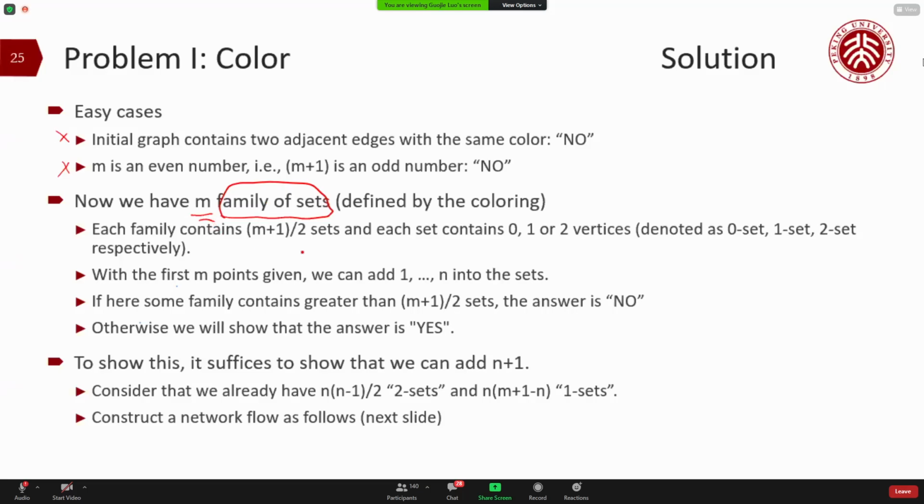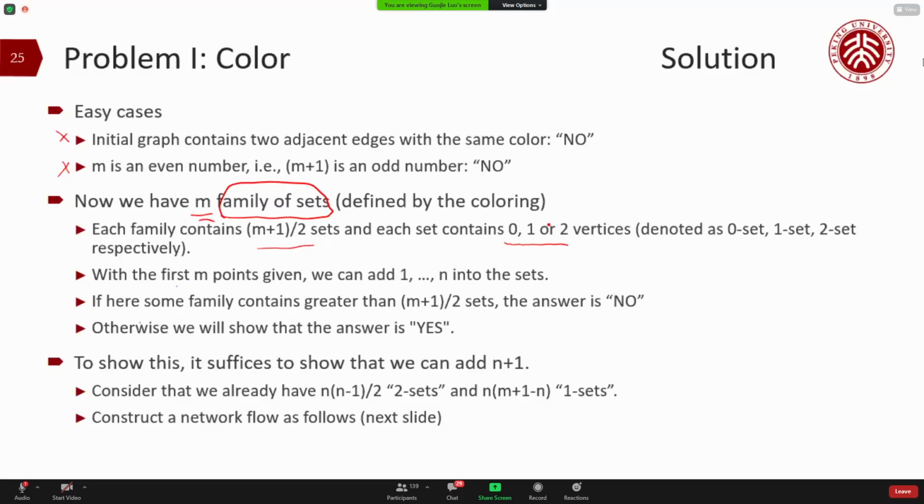Each family contains this many sets, and each set contains 0, 1, or 2 vertices. So we denote them as 0-set, 1-set, or 2-set. We do this modeling so that from the coloring, we have m families of sets.